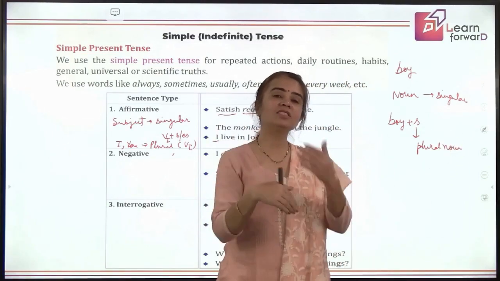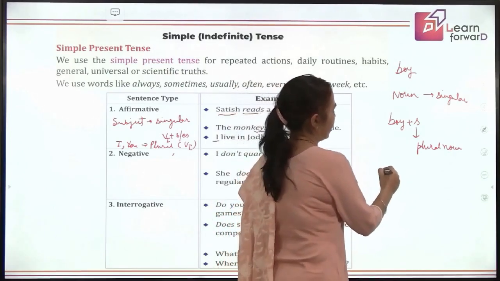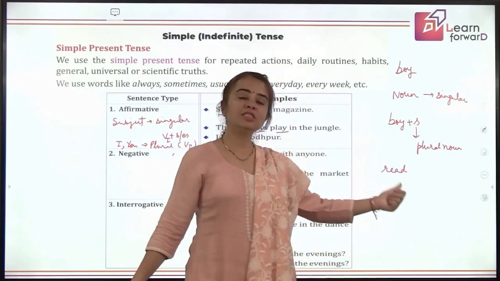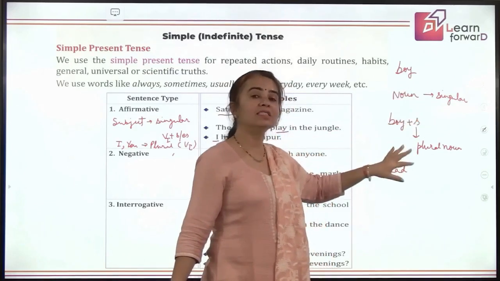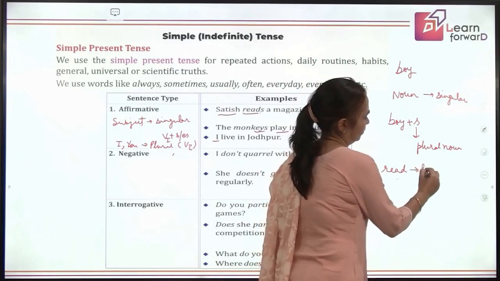Now, what is interesting here? It is just the reverse in case of verbs. What if I write a verb here without S/ES? This verb without S/ES is not singular. It is just the opposite. This is plural verb.